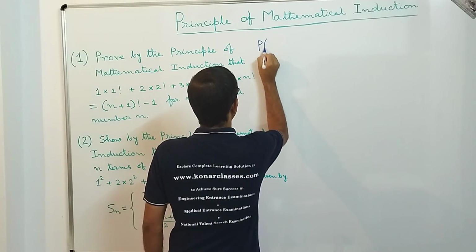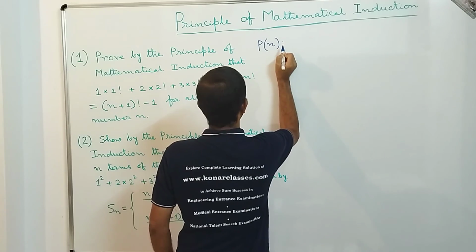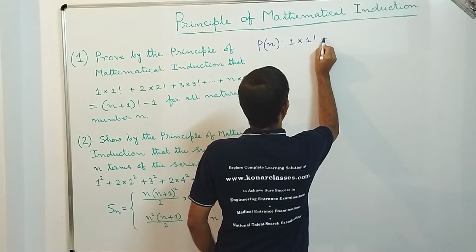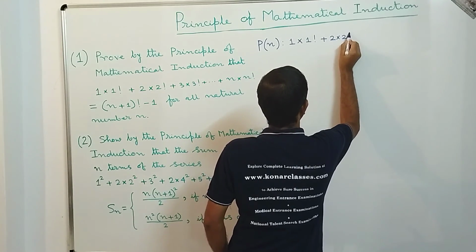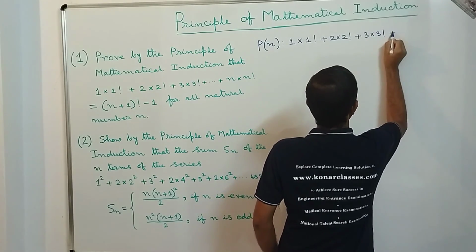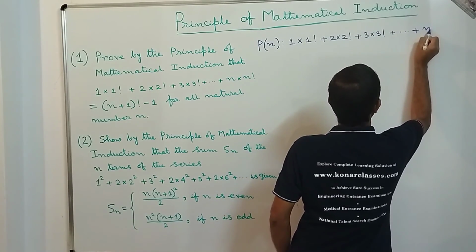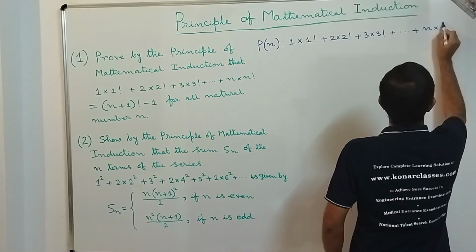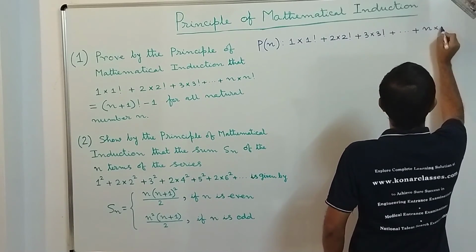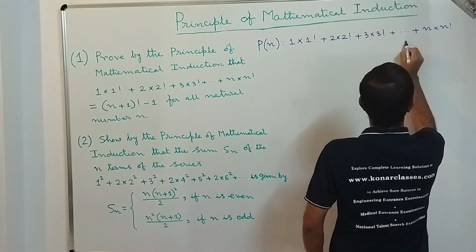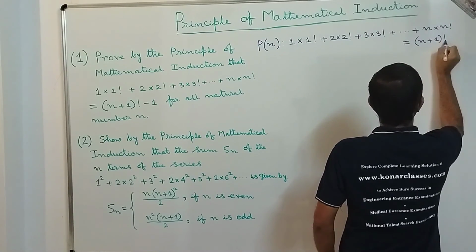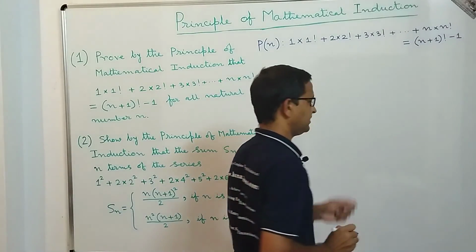That Pn, we call it the mathematical statement or mathematical proposition, that is 1 into 1 factorial plus 2 into 2 factorial plus 3 into 3 factorial plus dot dot dot, in that way it goes up to n into n factorial, that is equal to n plus 1 factorial minus 1. That is the mathematical statement.